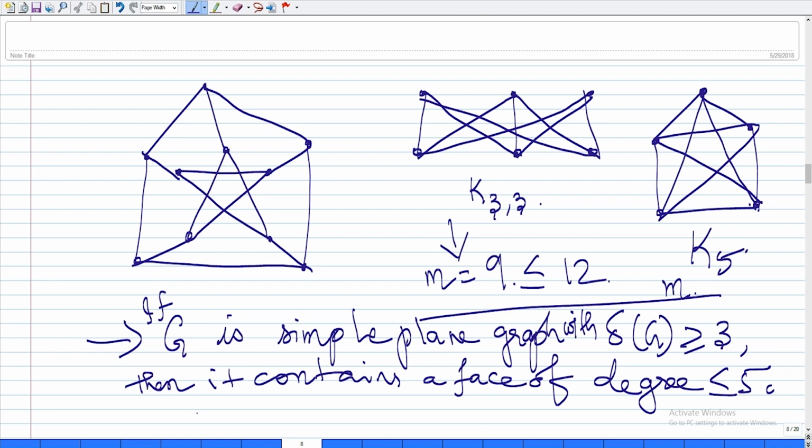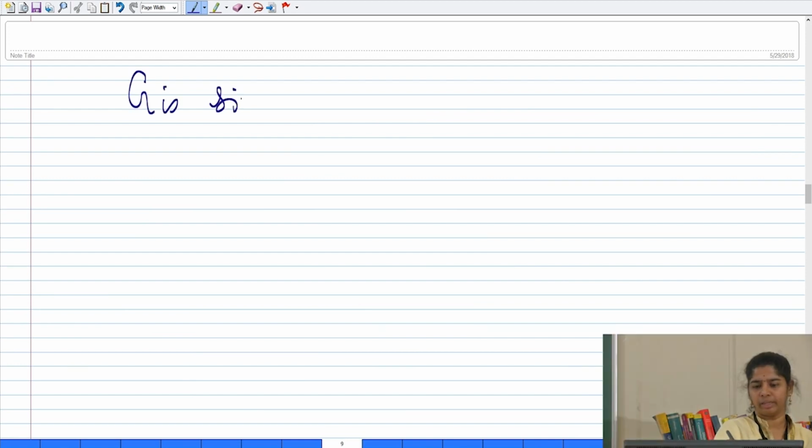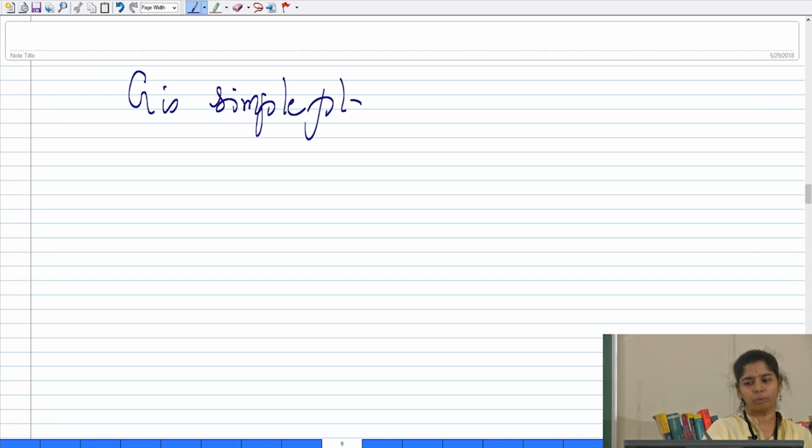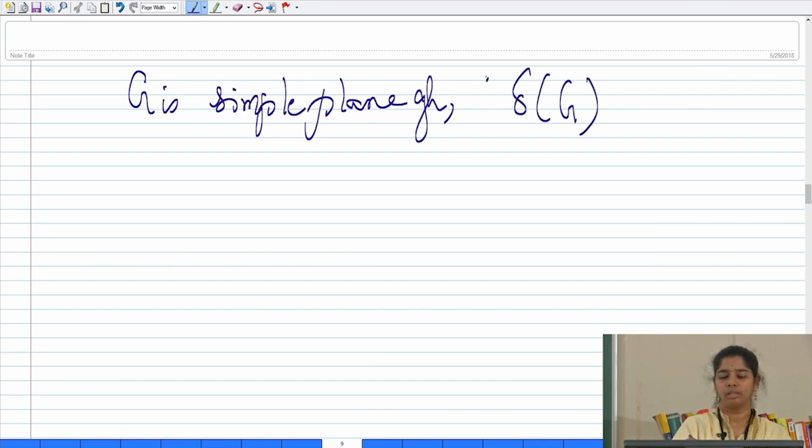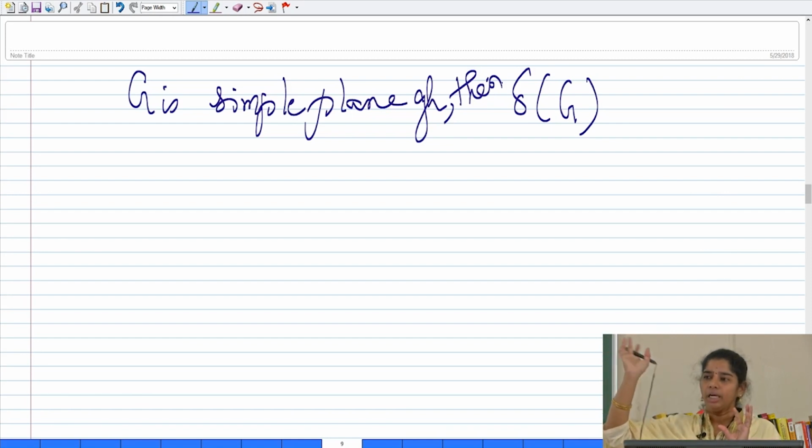And similarly, we can also say that if G is a simple plane graph, here I am just giving you the results because I am leaving it to you to explore these parts. Then my minimum degree itself has a bound. Okay, I cannot have a minimum degree graph having, say, 10, that is every vertex has at least degree 10, right.